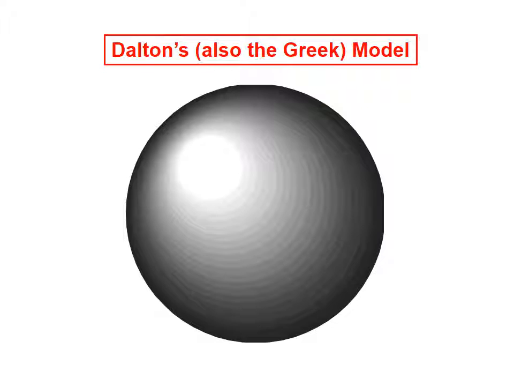So let's go through our history of the atom so far. Let's review. This is the Greek model, and it's also Dalton's model. No protons, no electrons, no neutrons, just a BB, a solid chunk of mass, indivisible, unable to be split into pieces.